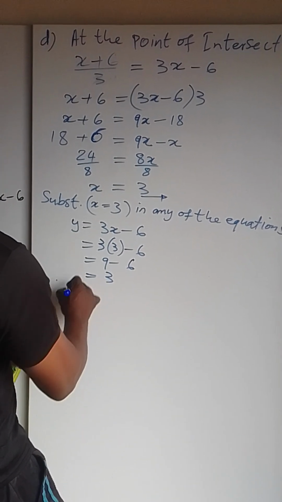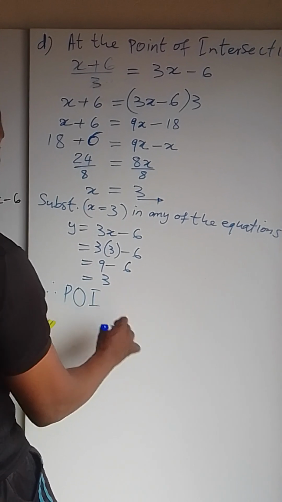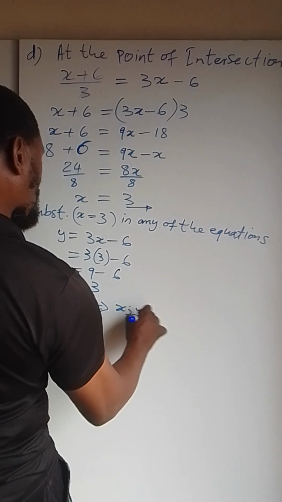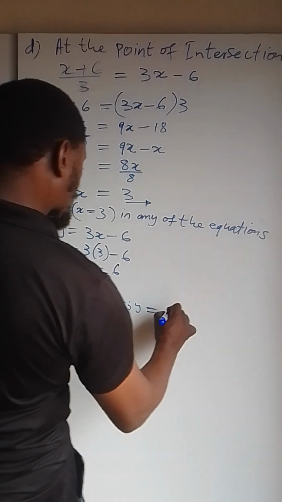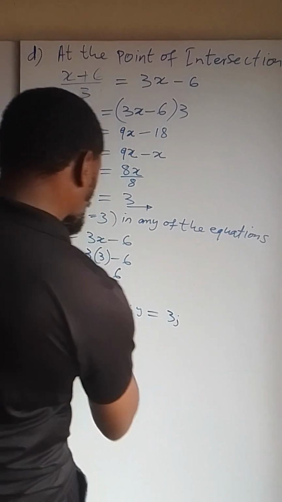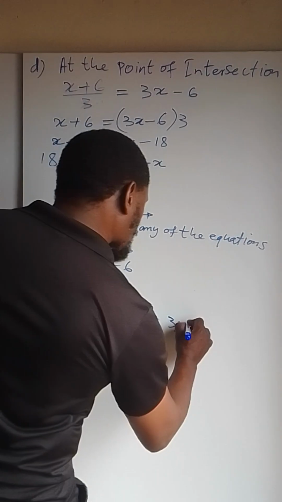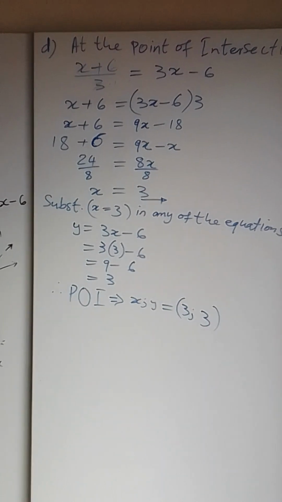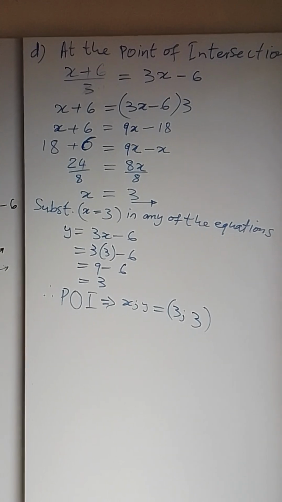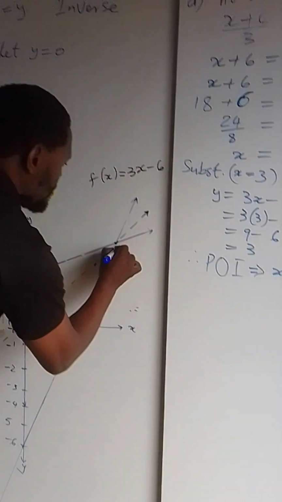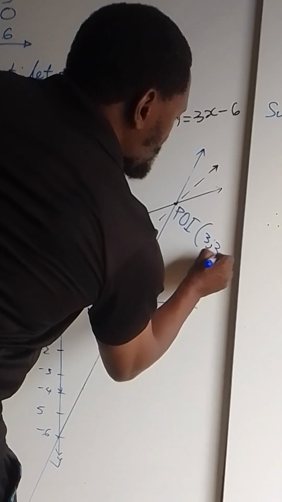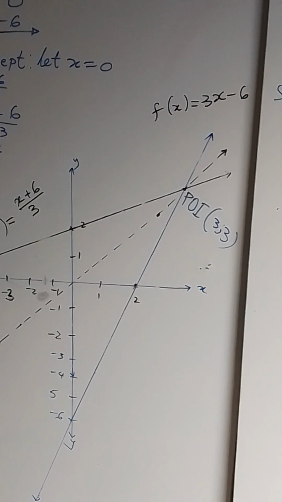Therefore, the point of intersection is such that x is 3, y is 3. We must indicate that on the graph. So you say this is the point of intersection, (3, 3). You are done.